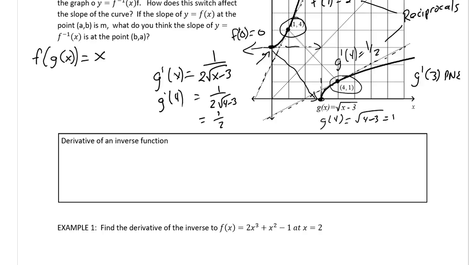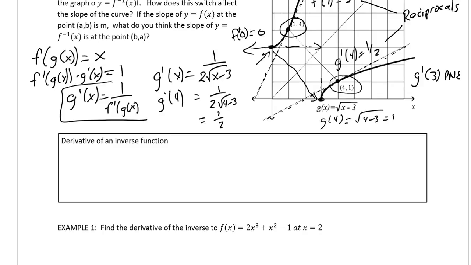So if I take the derivative of that using the chain rule, I would have f prime of g of x times g prime of x, the derivative of the outside times the derivative of the inside, equals, and the derivative of x is just 1. Now if I solve that for g prime of x, it is 1 divided by f prime of g of x.